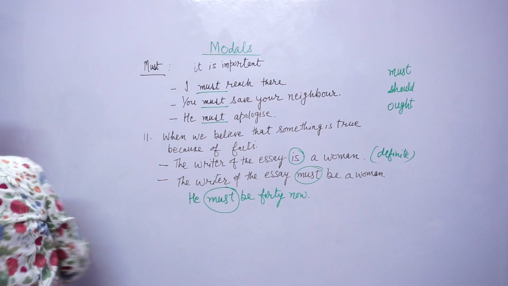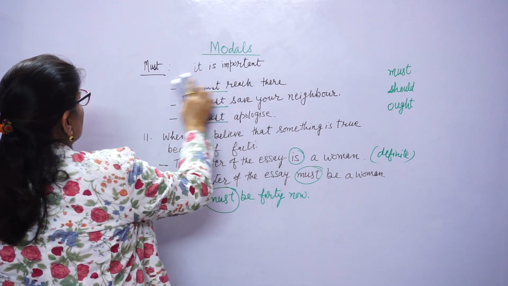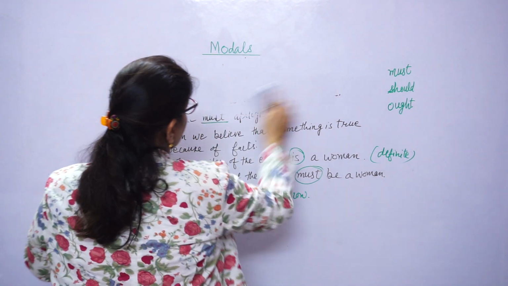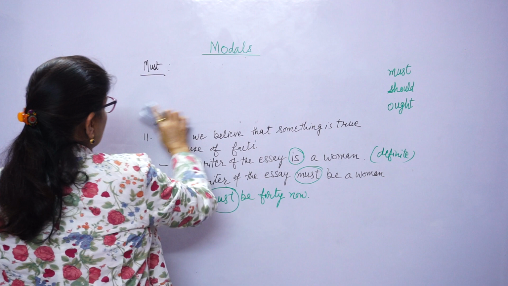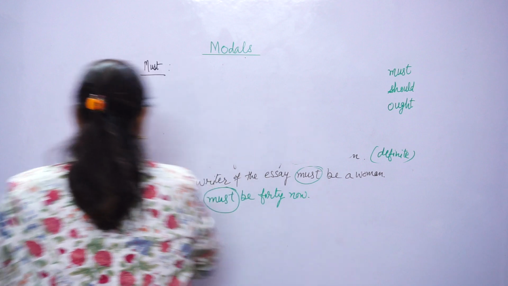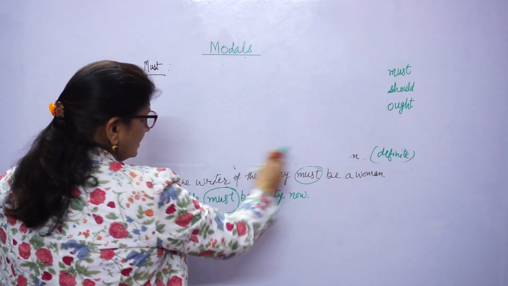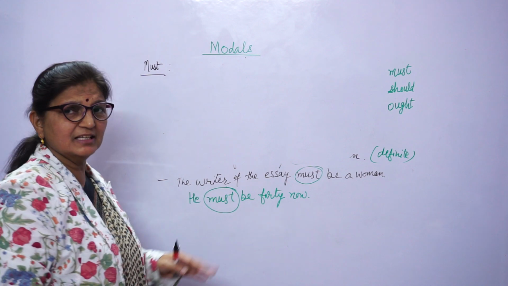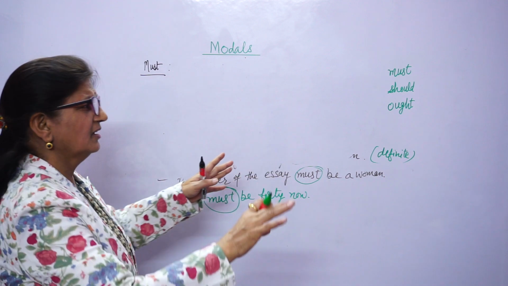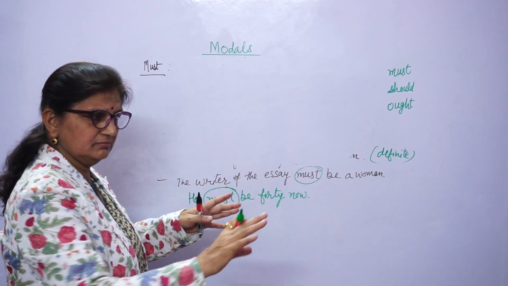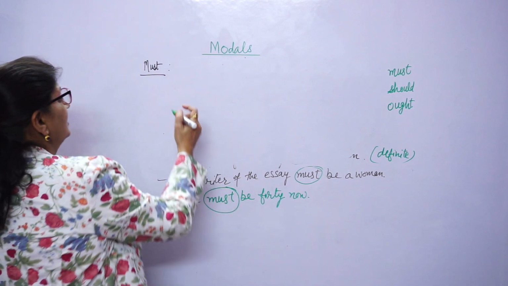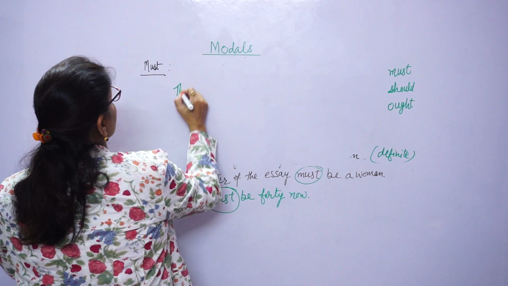But if the facts are not there, or it's not true, your sentence is negative one, then what will you use? In this sentence you have said the writer of the essay must be a woman. लेकिन अगर आप ये कहना चाहें कि नहीं, ऐसा लगता है कि इस एसे की जो राइटर है वो वुमेन नहीं है, फिर आप मस्ट का यूज नहीं करेंगे. देन नेगेटिव में आप क्या करेंगे?